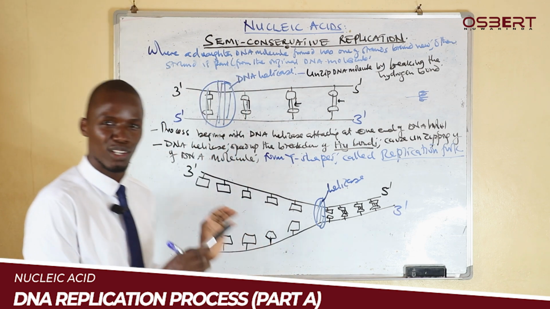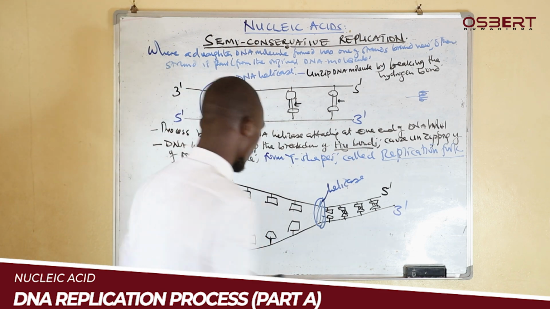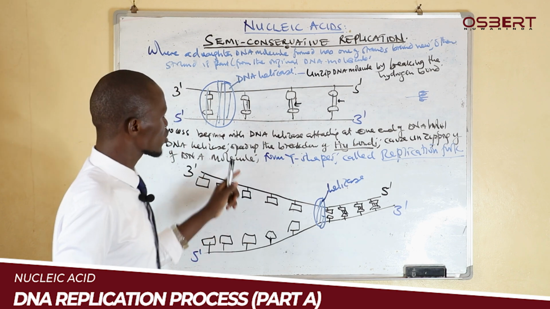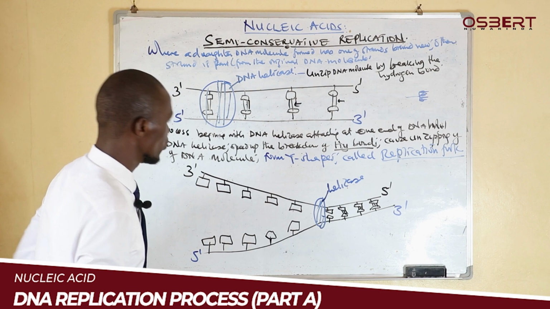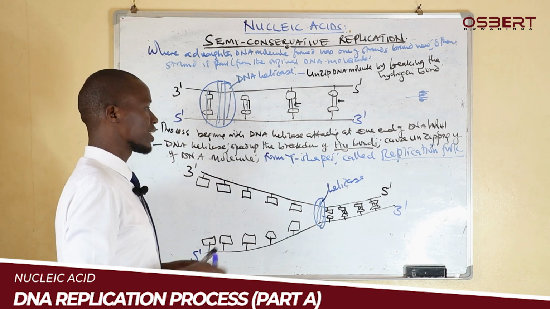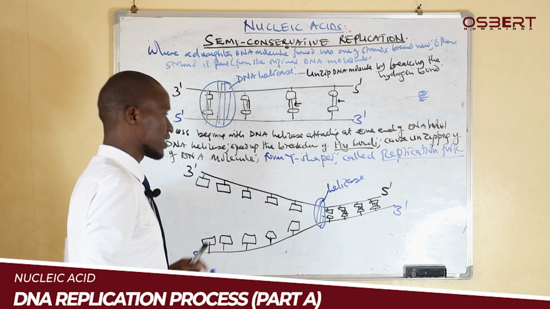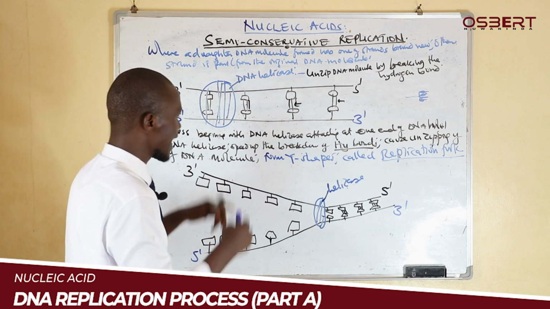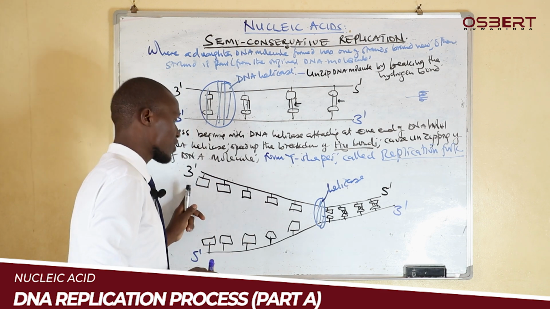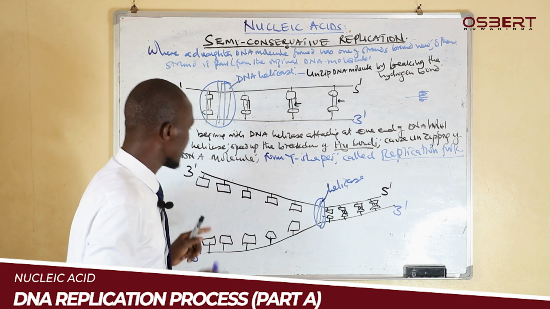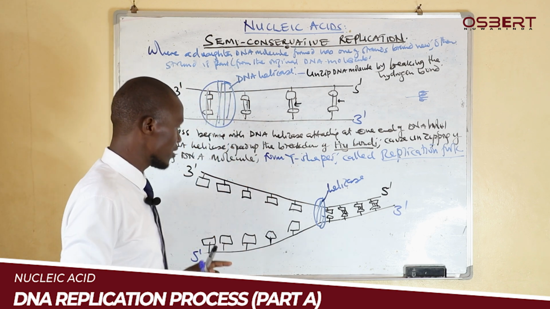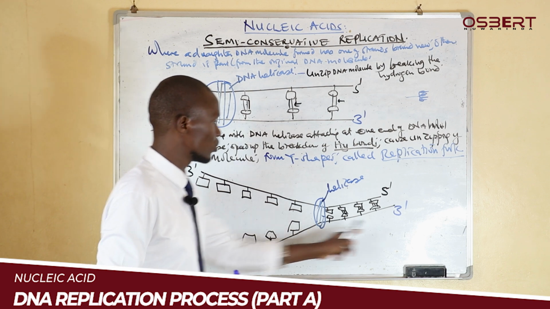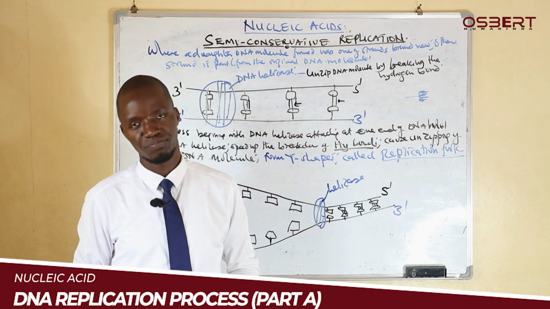Now, we are saying that the two strands of the DNA undergoing replication are oriented differently. How? Because they are antiparallel, one of the strands runs in a 3 prime to 5 prime direction, while the other runs in a 5 prime to 3 prime direction.